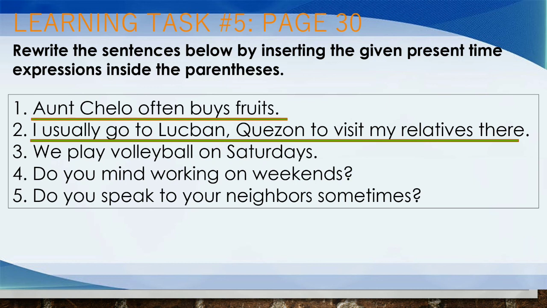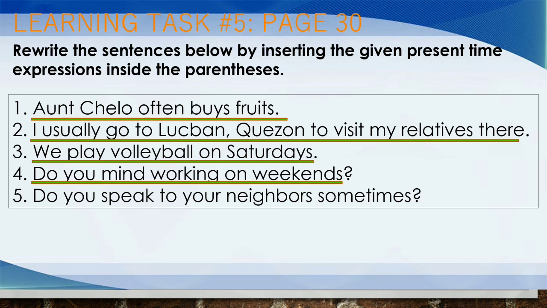Next, number 3, we play volleyball on Saturdays. So, the time expression given is on Saturdays. It is composed of 2 words. So, we place it at the end of the sentence. And number 4, the answer is, do you mind working on weekends?